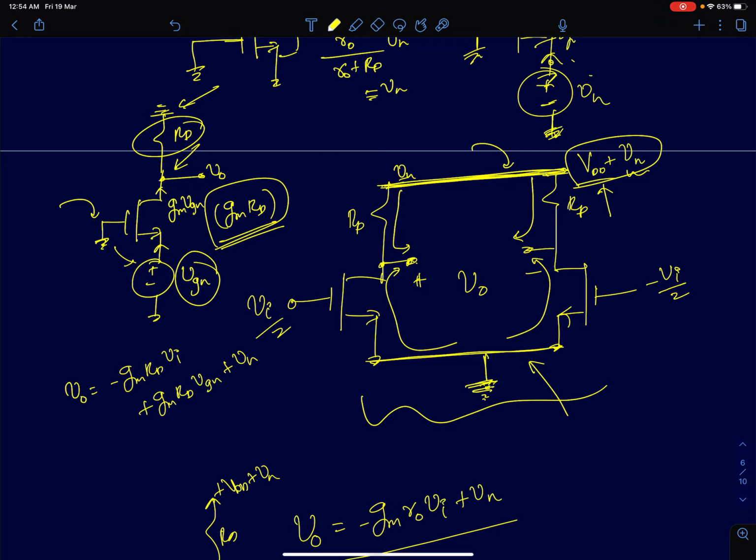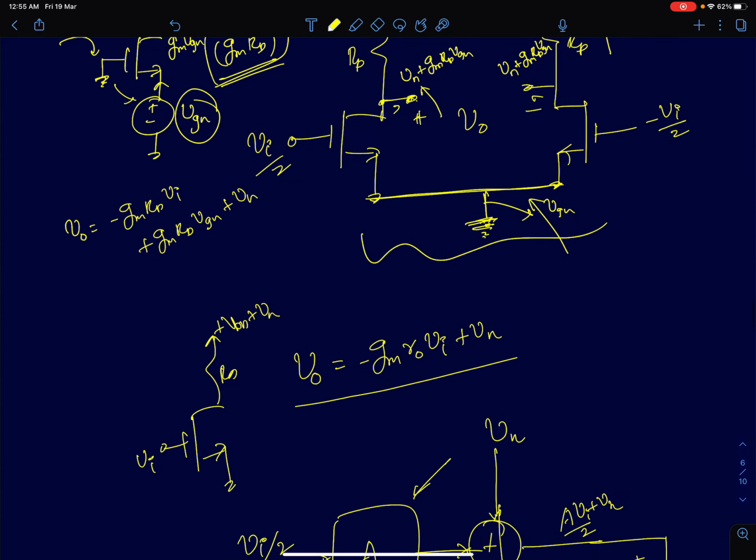In fact, I can easily write, since I've just derived the transfer functions for them, the contributions from supply and ground is going to be Vn plus GMRD times VGN. Here VGN is the noise on the ground, Vn is the noise on the supply. Similarly, the voltage here is also going to be Vn plus GMRD times VGN.